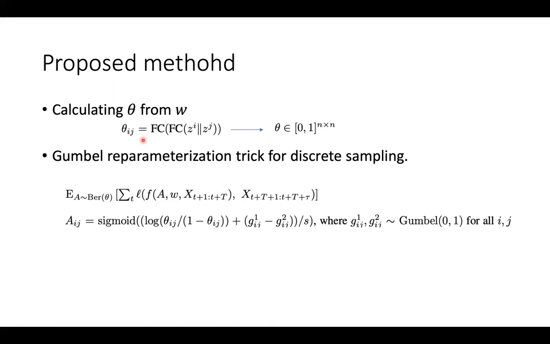So here, I just want to understand the details. For example, you're saying Gij1 and Gij2, what are they? And when we say it's sampled from this Gumbel distribution, what does that mean? I just want to know the details of this part.